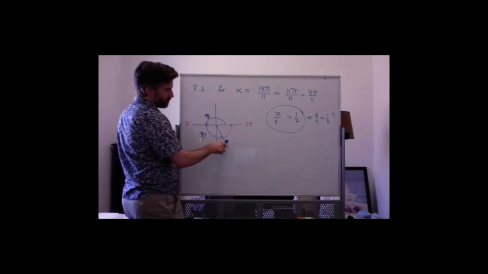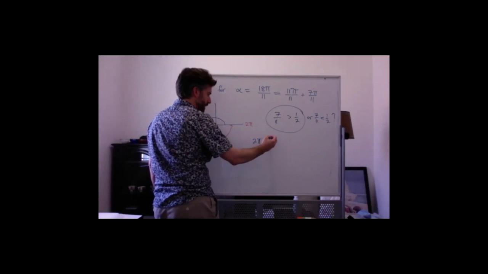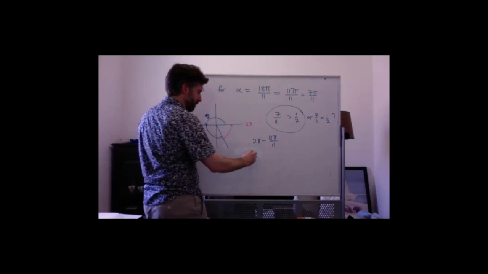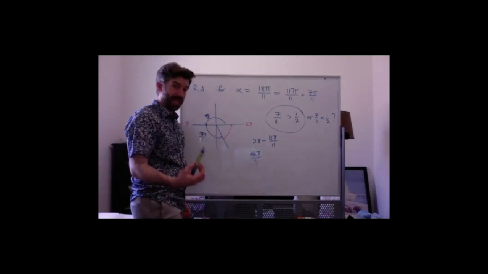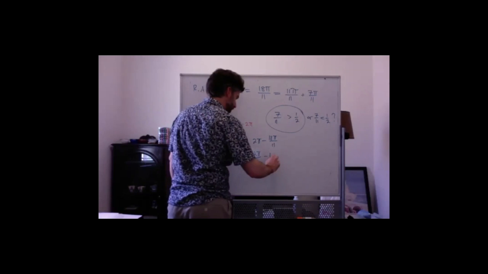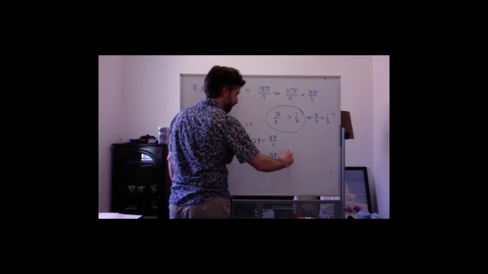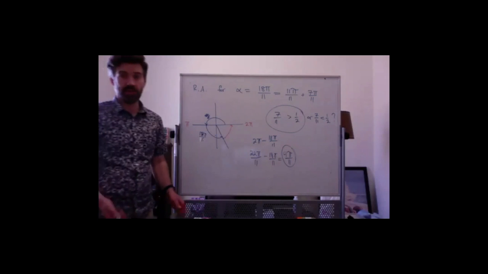I want to find out how much more I need to get to 2 pi. So I'm just going to do 2 pi minus 18 pi over 11. 2 pi becomes 22 pi over 11 after I multiply by 11 over 11, minus 18 pi over 11. 22 minus 18 is 4 pi over 11. That's my reference angle.